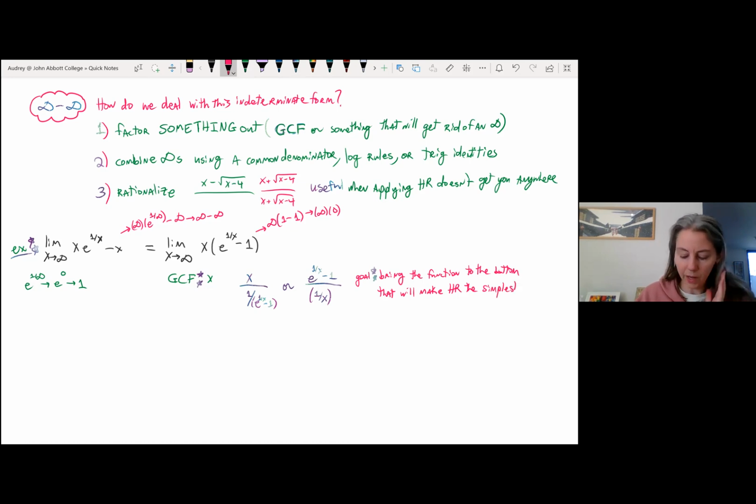And here we can see that that's clearly going to be this one. This 1 over x right here is clearly going to be a much simpler derivative than what happened over there with 1 over e to the 1 over x minus 1.